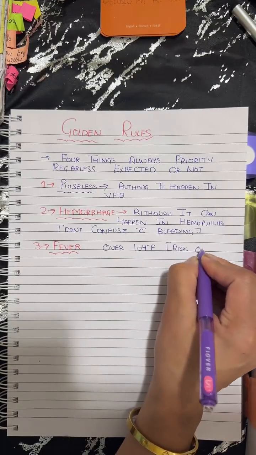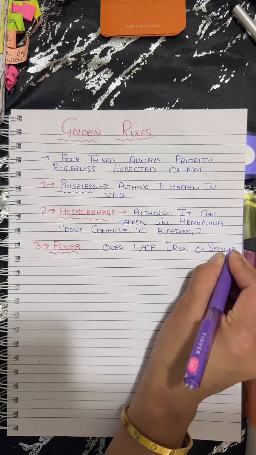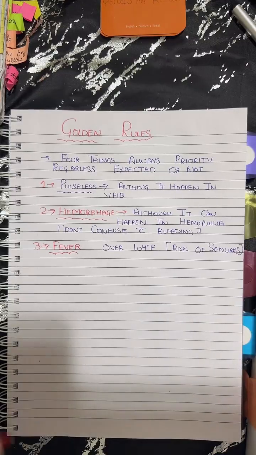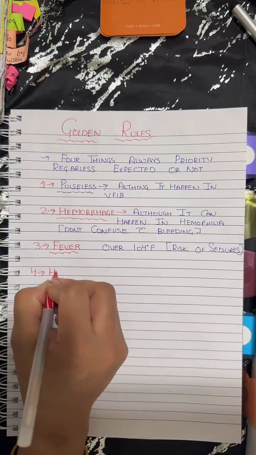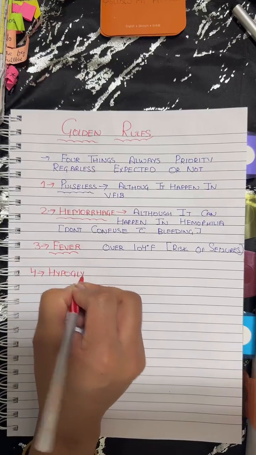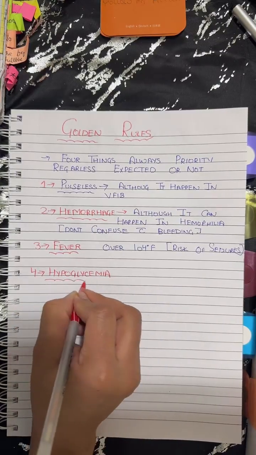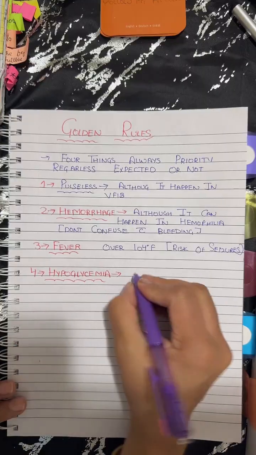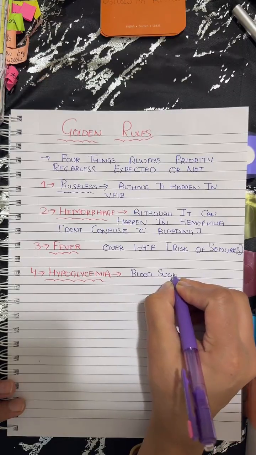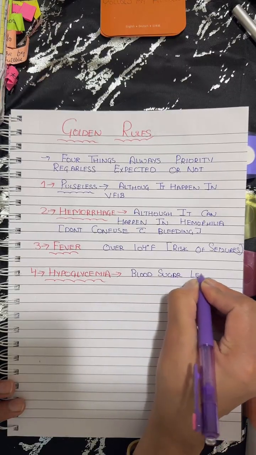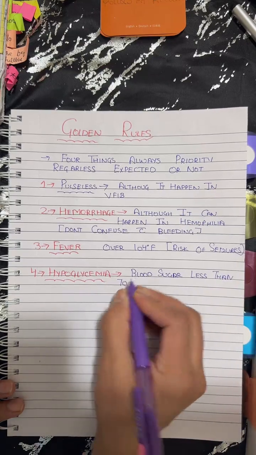Because risk of seizures. Hypoglycemia. Blood sugar less than 70.